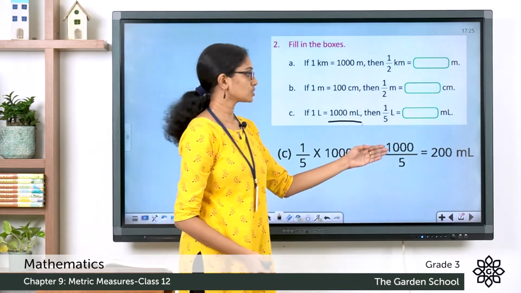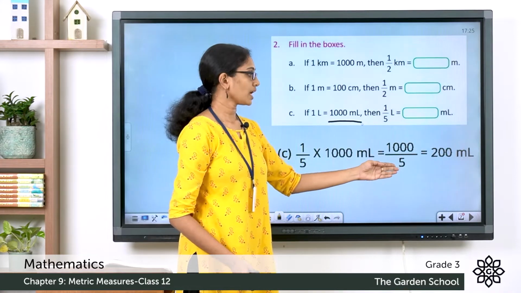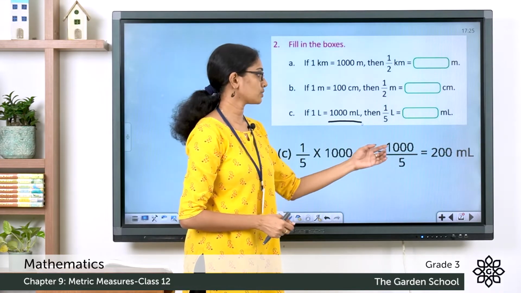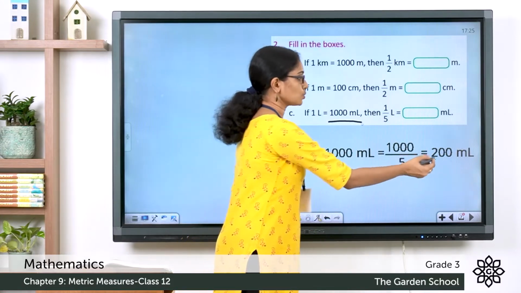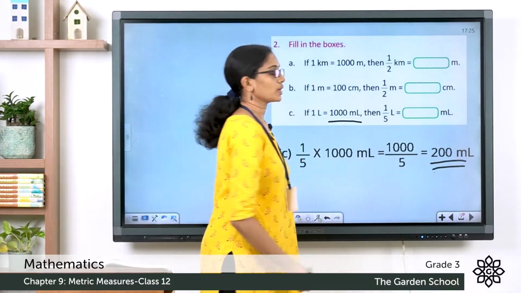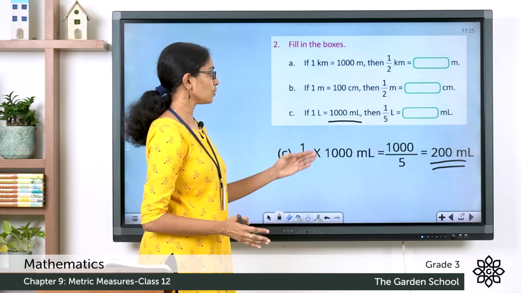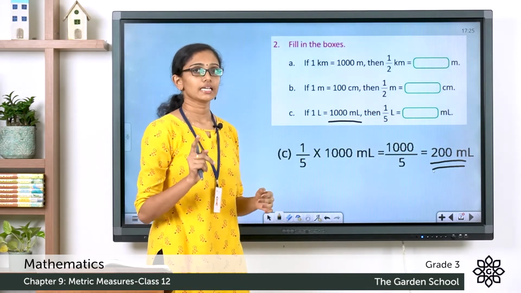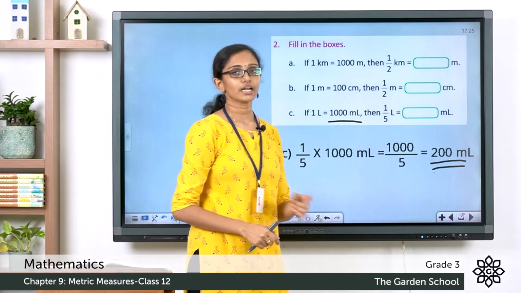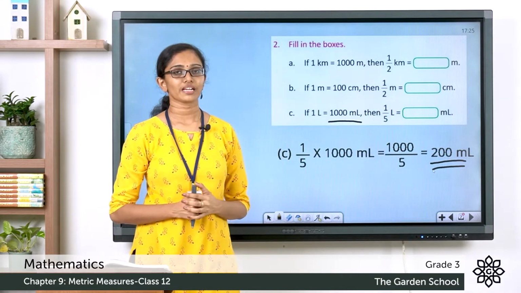And what is 1000 divided by 5? 5 into 200 is equal to 1000. So 1000 by 5 is equal to 200, and hence 200 milliliters. So 1 by 5 of a liter, or 1/5 of a liter, is equal to 200 milliliters. Hope you are clear with this.